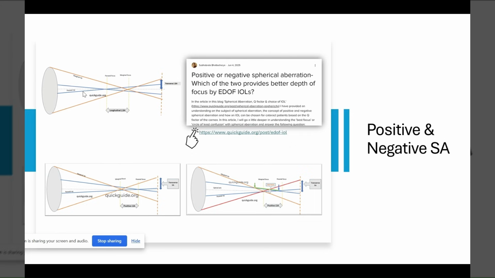So this is the paraxial, or central, rays of light falling here, and the marginal rays of light are falling beyond the paraxial rays of light. This distance over here is called the spherical aberration. It's basically the longitudinal spherical aberration. That's negative because the marginal rays of light are falling behind the paraxial rays of light.